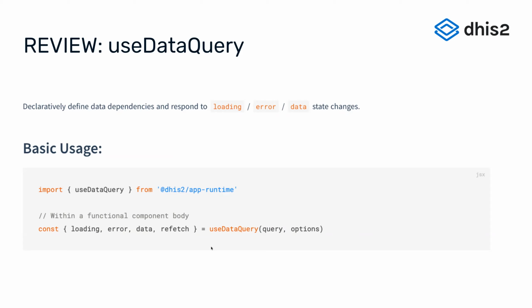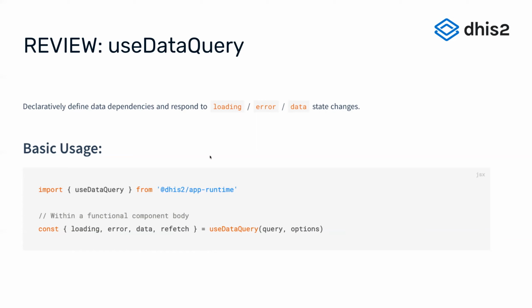So if the network request is in progress, it'll tell you that you're in a loading state. If an error has occurred, it'll tell you you're in an error state. If you're finished loading and no error occurred, then you'll get the data that was the result of that API request back to your component. And I'll go into how to deal with loading, error, and completed states in a minute.